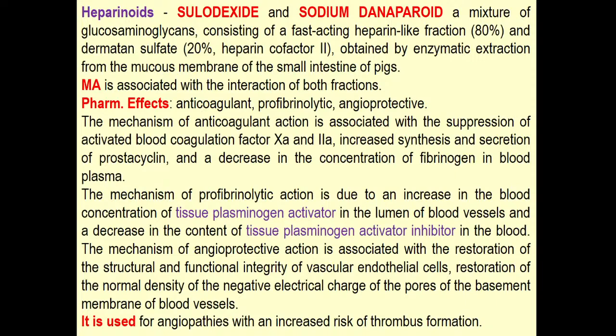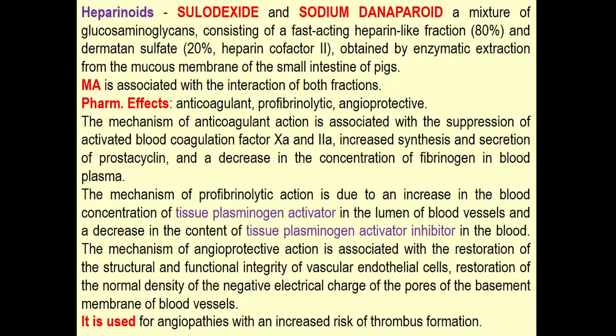And the mechanism of angioprotective effect is associated with the restoration of the structural and functional integrity of vascular endothelial cells, restoration of the normal density of the negative electrical charge of the pores of the basement membrane in blood vessels.